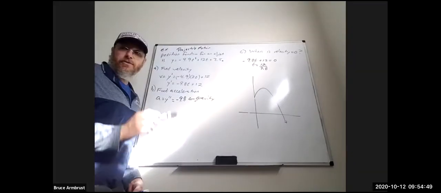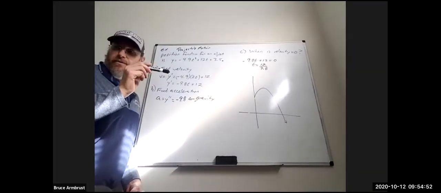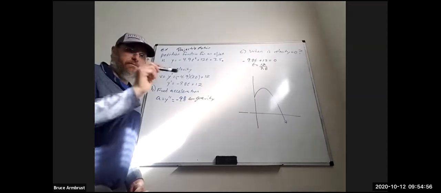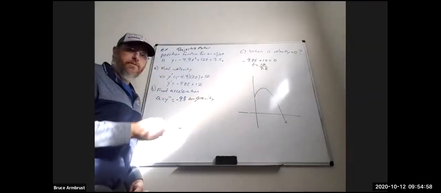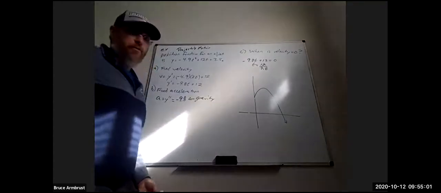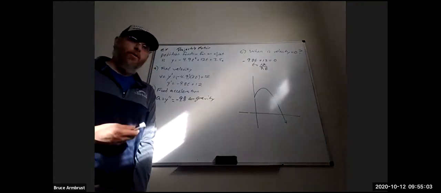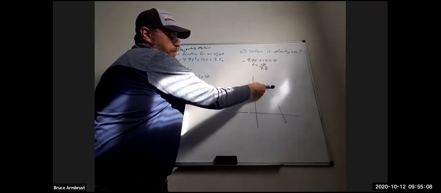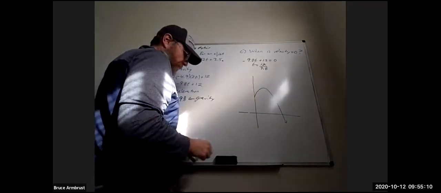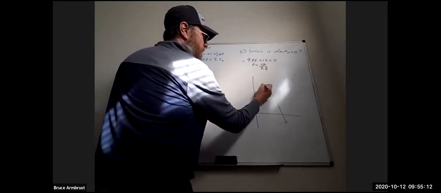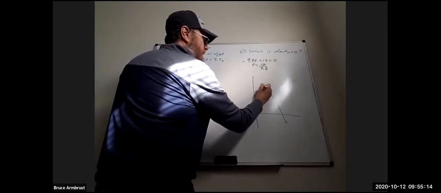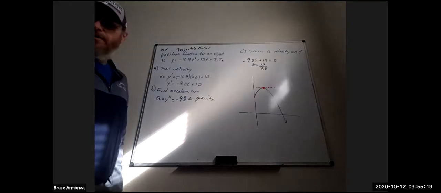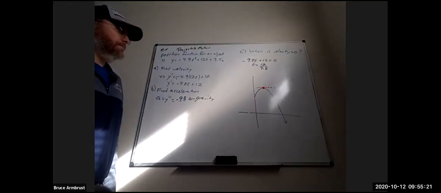So constant functions or horizontal lines, right? Horizontal lines, constant ones, those have slope of 0. So thinking about this graph of a parabola, where do we have a horizontal tangent line? Well, that happens when we're up here at the top, when we're at the vertex. So at this point, if you were to actually look at tangent line, it would be a horizontal tangent line.